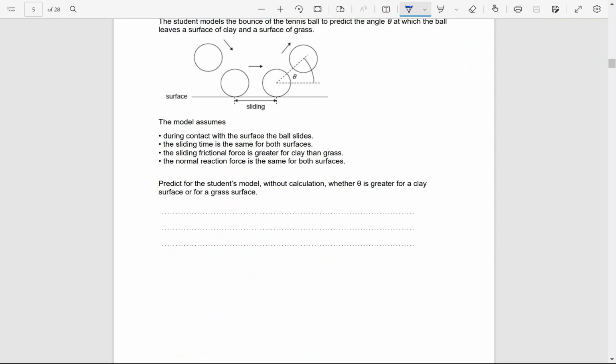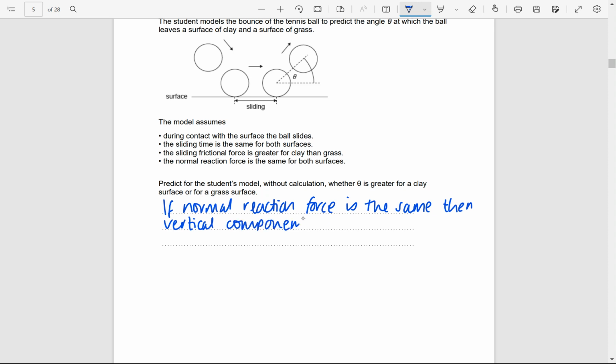If the normal reaction force is the same, that means the vertical component of V is the same. Not the horizontal, but the vertical.